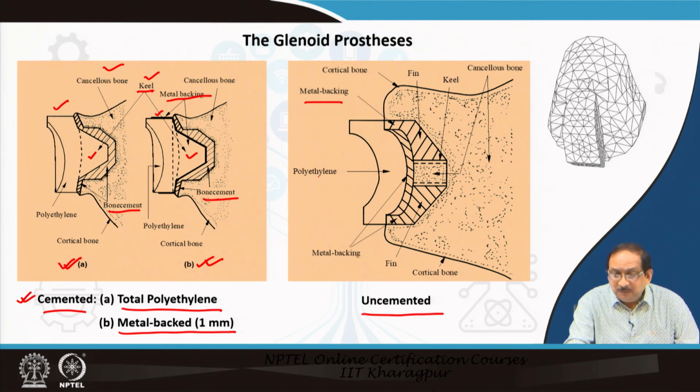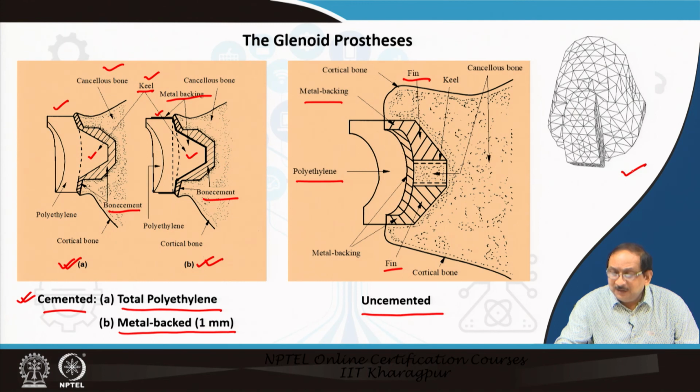There is polyethylene on top of the metal backing, but the metal backing consists of two fins along the superior inferior region, and there is a hollow cylinder within which bone can actually grow at the interface.